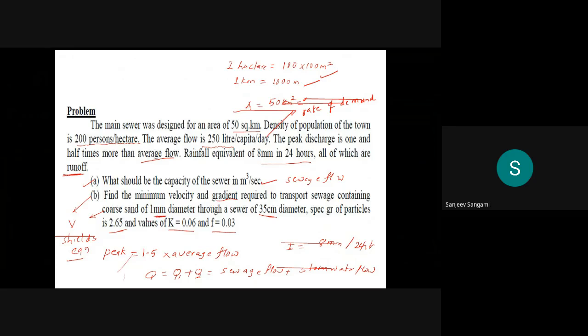The sewer, of 35 centimeter diameter, carries coarse sand of 1 mm diameter. The specific gravity of the particle is 2.65, and the values of K and f are K is 0.06 and f is 0.03. Normally the peak discharge is 1.5 times the average flow.